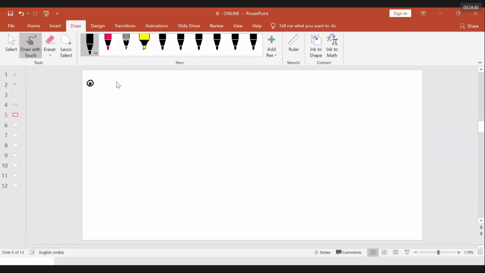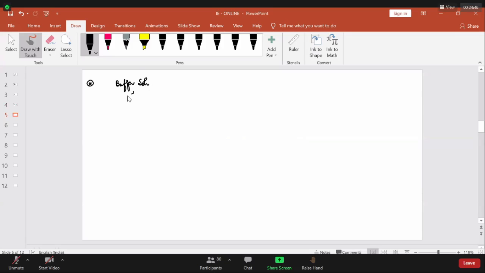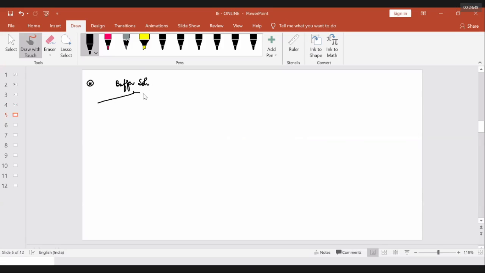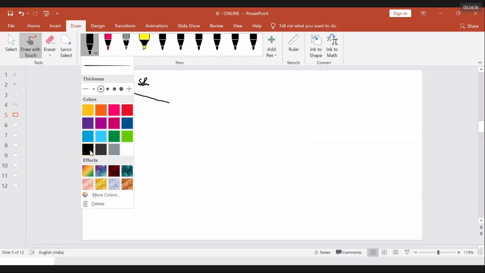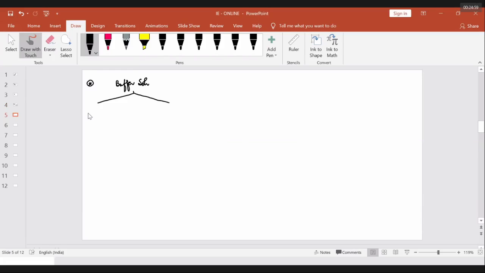Remember, in general, buffer solutions are of two types. One is called a simple buffer. One is called a mixed buffer.